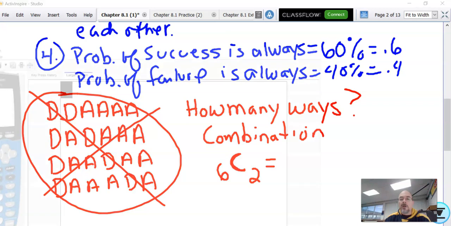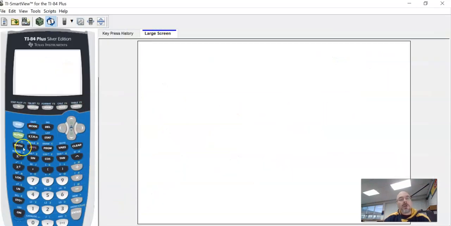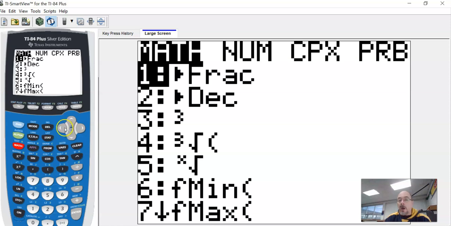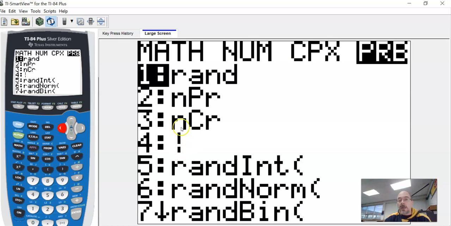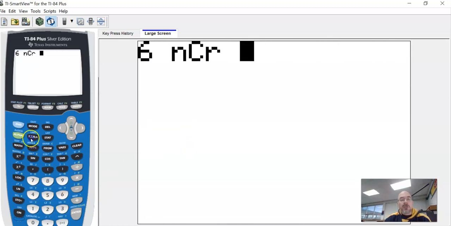So if you remember on your calculator, first you type the 6, go to math, go to probability. It's over on the right side, and it's number 3, combination. And then 2, and you get 15. Now you might ask, what about if I would have done the analog?